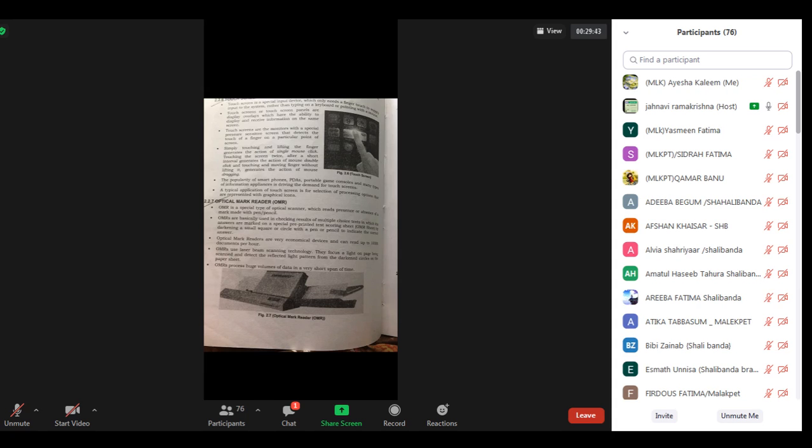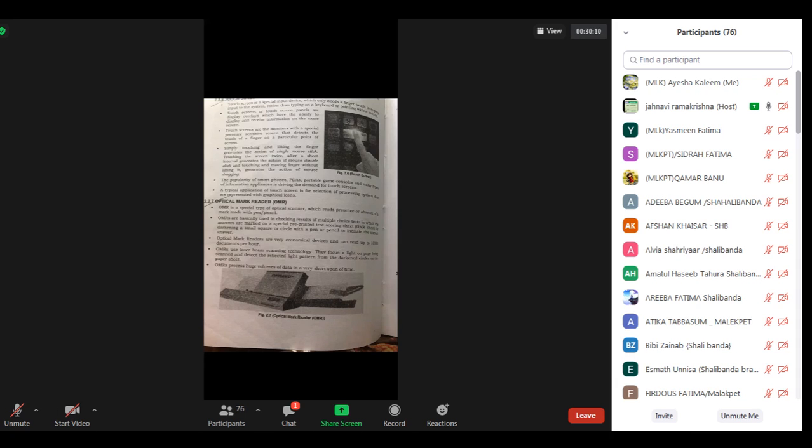Yes, the next one, simply touching and lifting the finger generates the action of a single mouse click. Touching the screen twice, yes, double tap. Where do we see double tap? We see it in your mobiles, yes or no? Double tap to do so and so, to switch off the mobile or switch on the mobile.